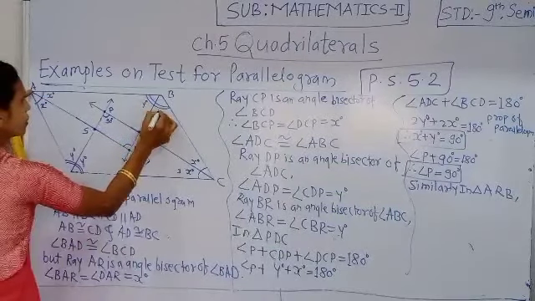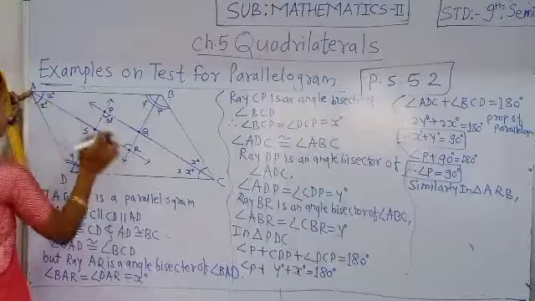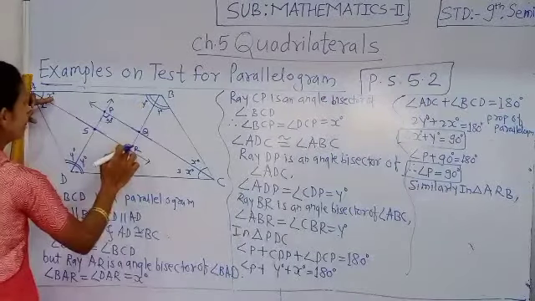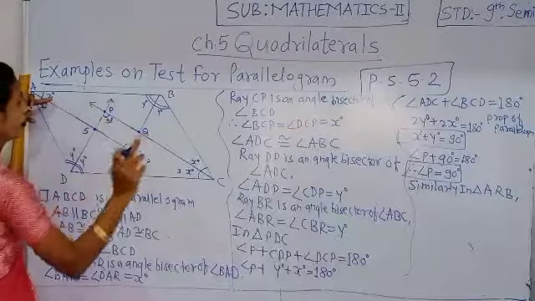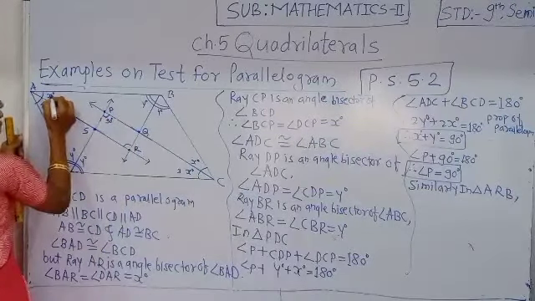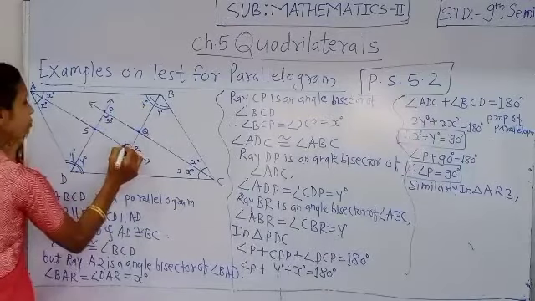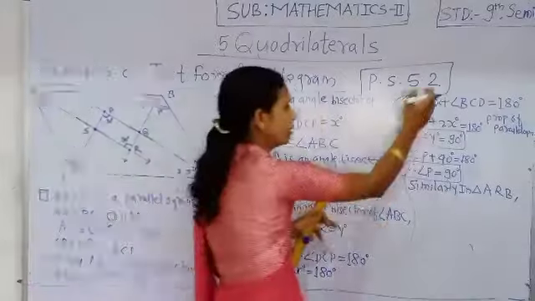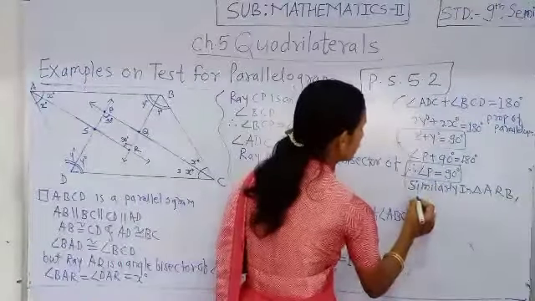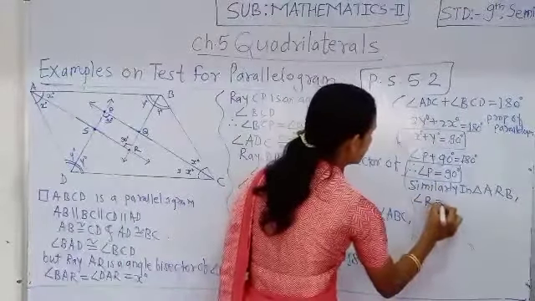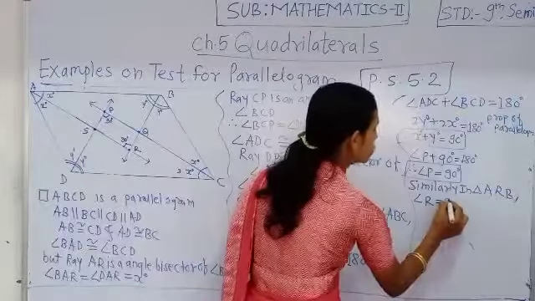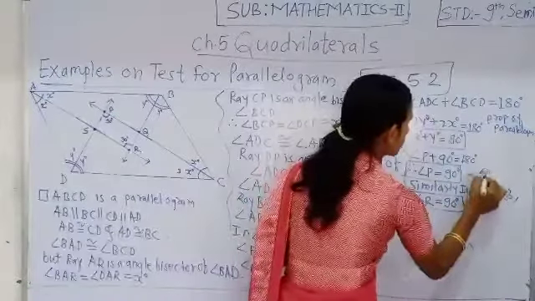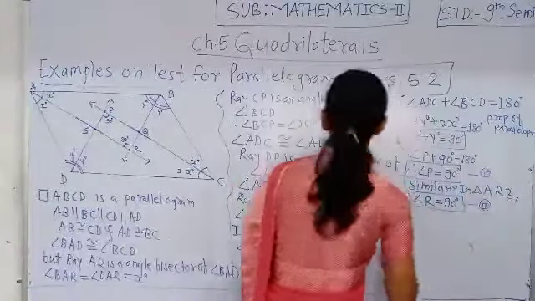See here angle BAR x degree plus angle ABR y degree plus angle R, that is 180 degree. Therefore here x plus y is 90 degree. Therefore here angle R is also of 90 degree. Similarly, by this proof we can write angle R is equal to 90 degree. Let this be equation number 1. Let this be equation number 2.